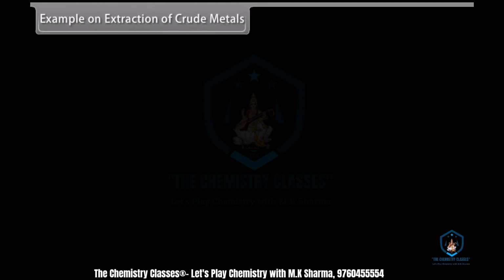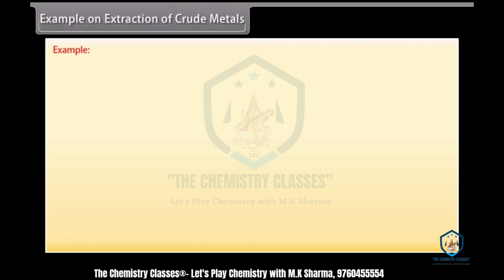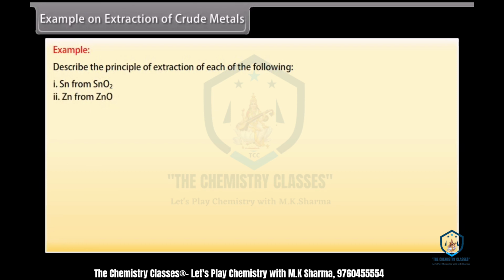Example on extraction of crude metals. Let's take an example. Describe the principle of extraction of each of the following: Sn from SnO2, Zn from ZnO, Cr from Cr2O3. Let's see the solution.